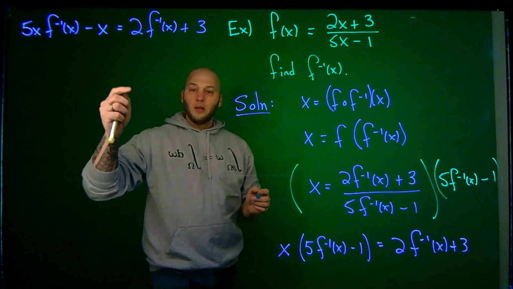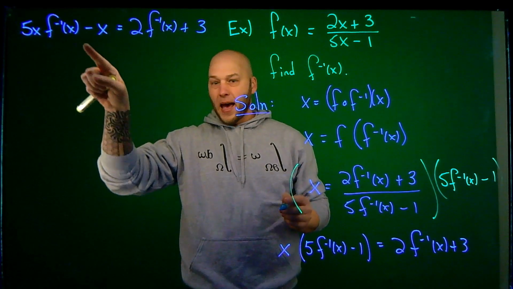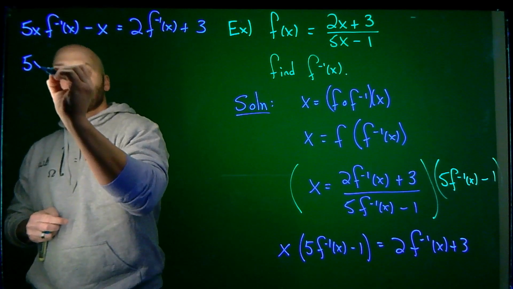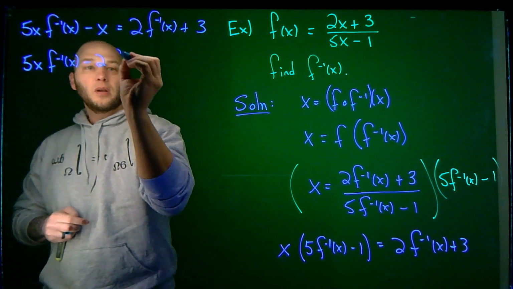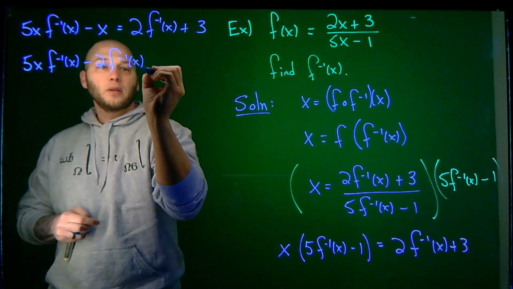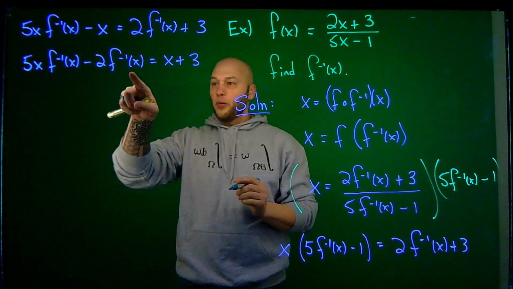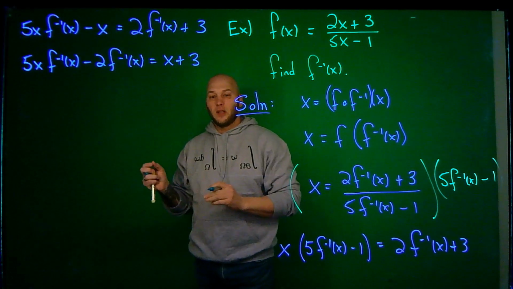Notice what I can then do is I could subtract this term to the left side and I could add x to the right side. That would give me 5x f inverse minus twice f inverse is equal to x plus 3. So here's what I have. Everything that's on the left side has a factor of the inverse.